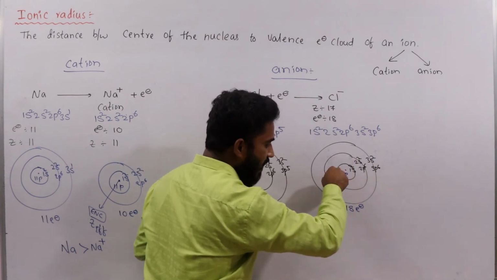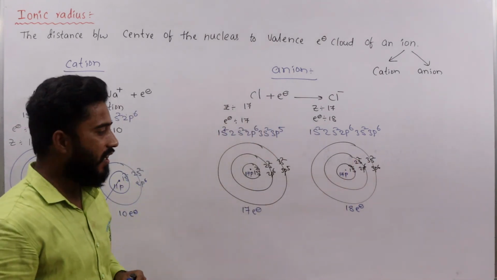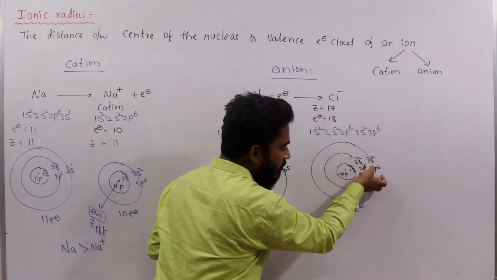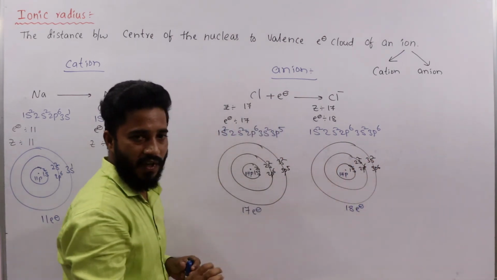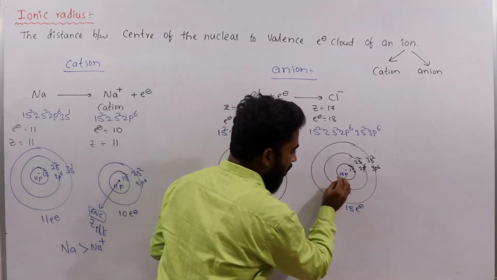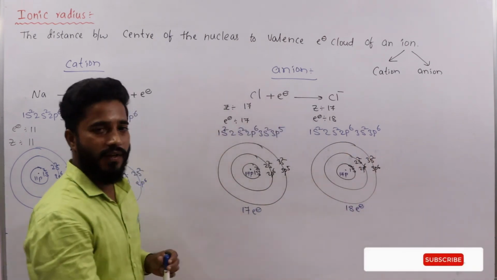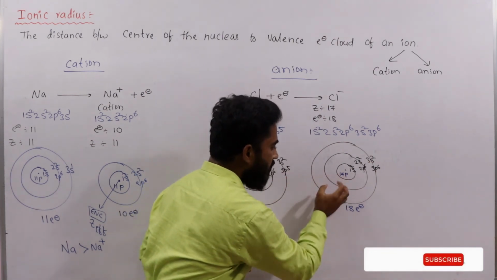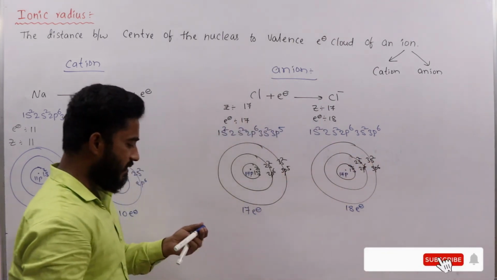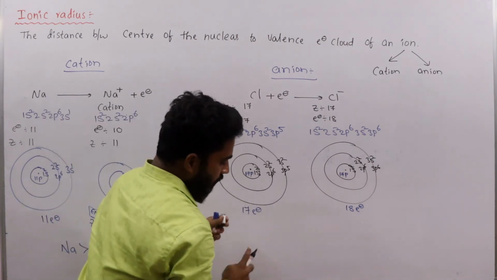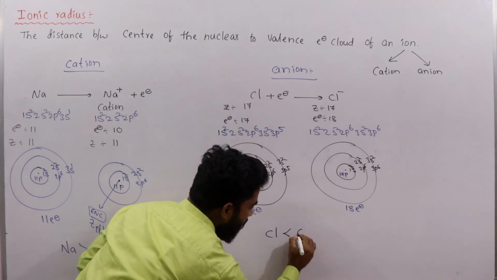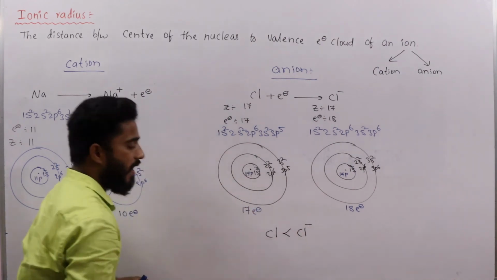That means nuclear charge decreases. When the nuclear charge decreases, it will not attract the outer electron cloud towards the nucleus very strongly. That's why size increases. When the nuclear charge decreases from neutral atom to anion, size increases. Then we can say Cl is lesser in size than Cl-.